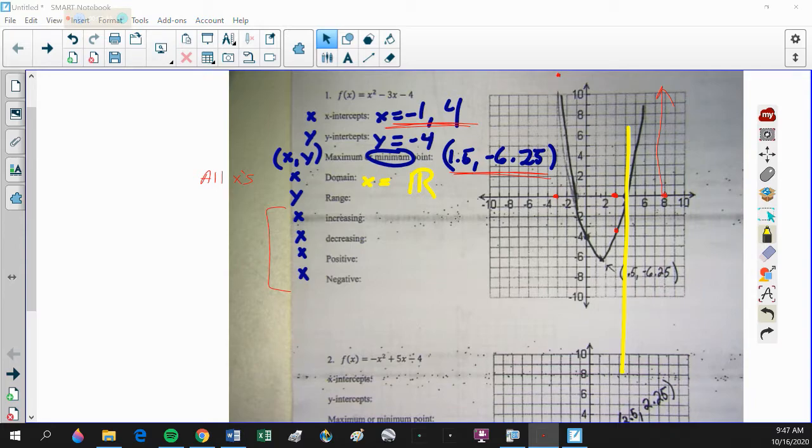We want to do the same thing, but we have to flip the line horizontal. Now, I can't grab it. Does this line ever miss the graph? Yeah, down here. Okay, all of this, all the way down to negative infinity, misses the graph.